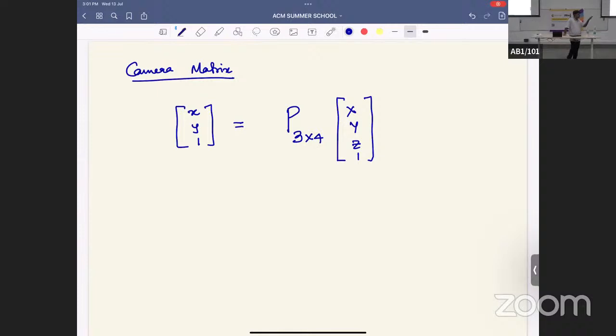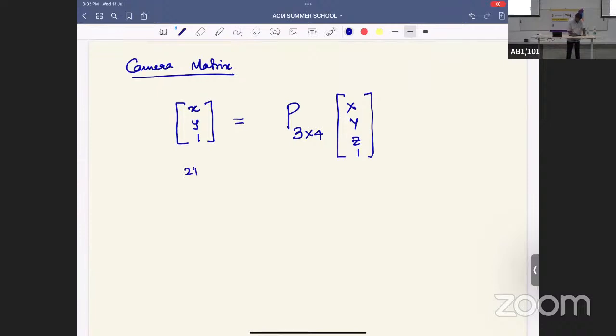This camera matrix has two types of parameters. If you want to go into detail, there are extrinsic parameters, which capture where my camera is located and what orientation it has, and intrinsic parameters like focal length and form factor and many other things. We don't want to go into that. This much is enough. So every image point, this is the 2D, and this is the 3D. So this is the image, and this is the world.